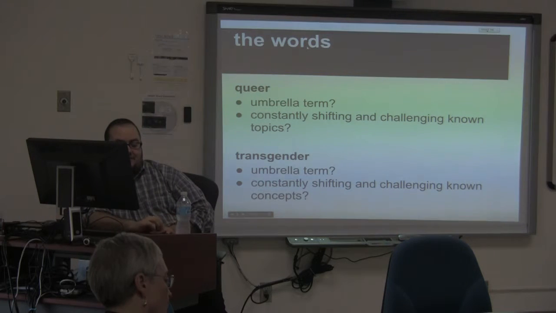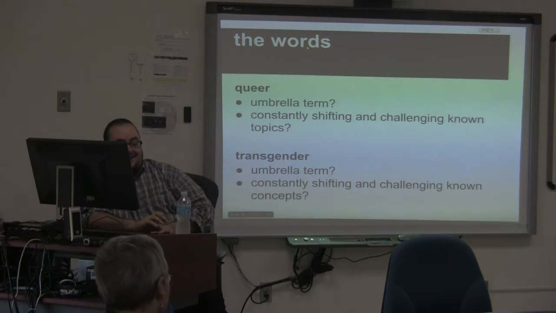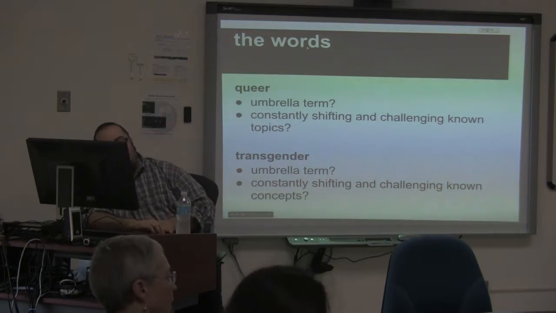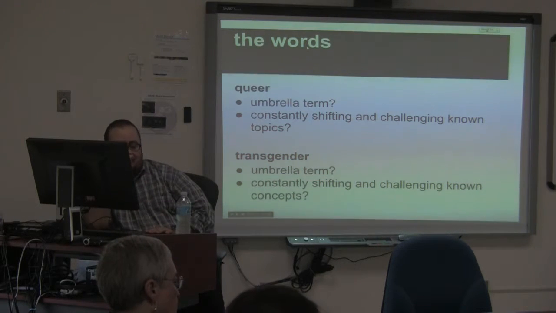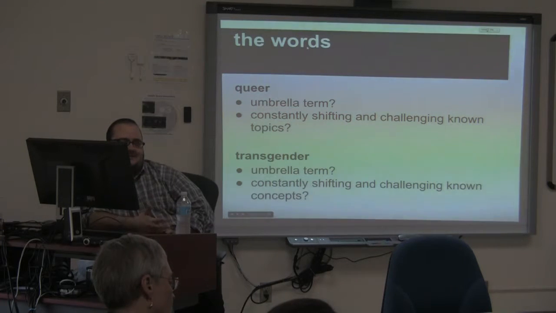For example, before I was a PhD student mere months ago, it was so long ago, I was an academic librarian at the University of Denver, which is a medium-sized private university in Colorado. And all of the LGBTQ focused groups on that campus were called Queer Something, Queer Faculty Association, Queer University Employees.